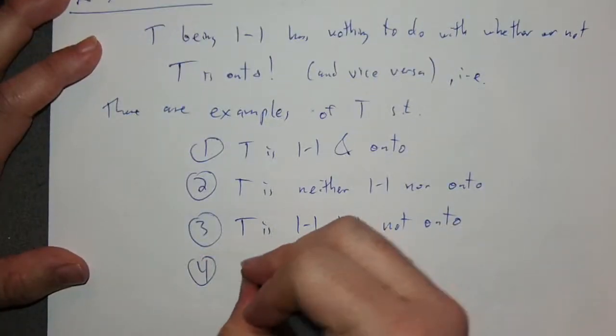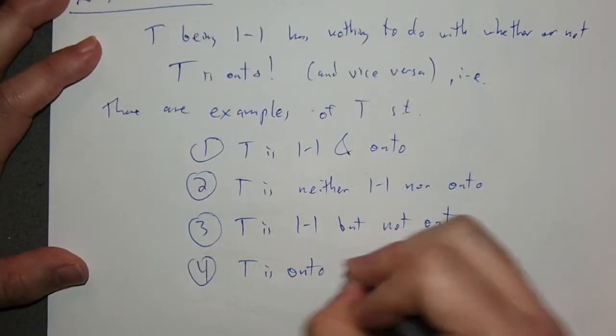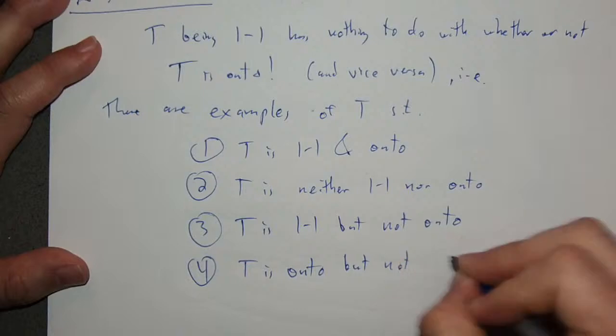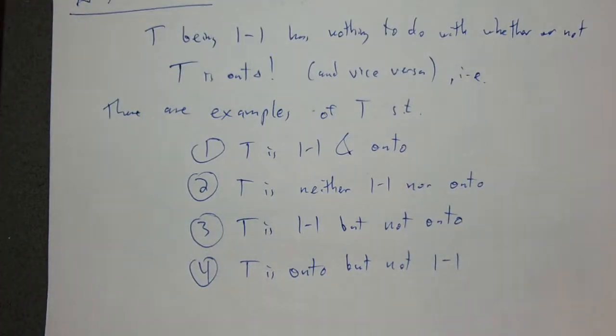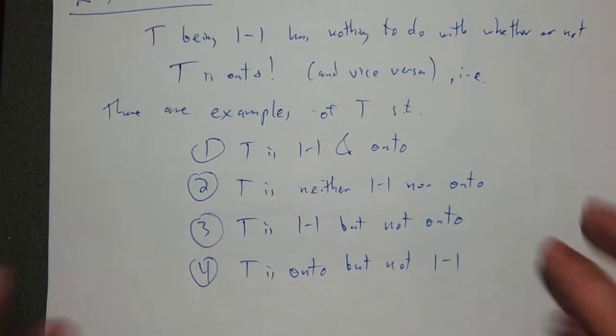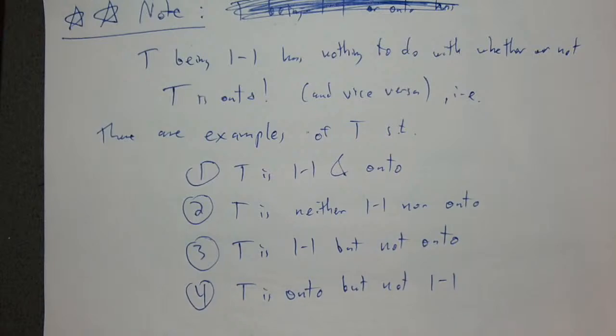And 4, T is onto but not 1-to-1. Okay, all 4 of these are possible. Okay, so that exactly means that these have nothing to do with each other. They are 2 separate properties. There's no way to derive one from the other.